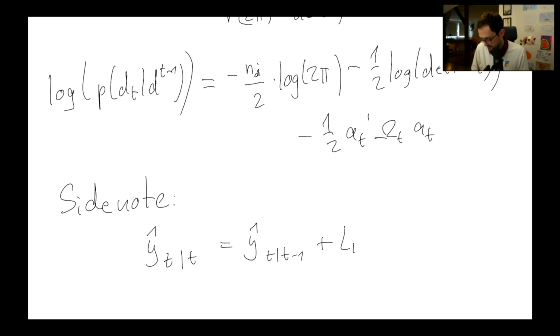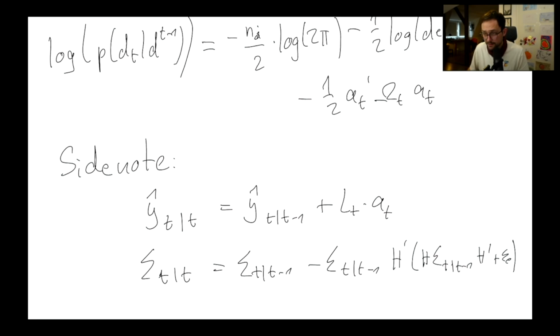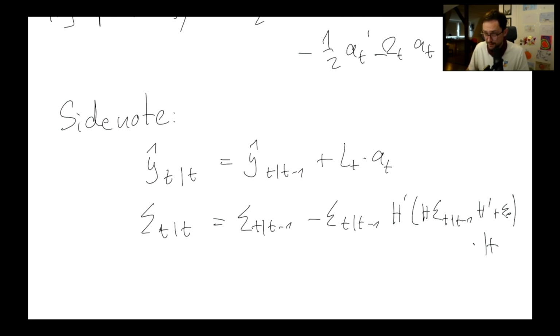It's that equation right here, and the corresponding mean squared error looks like this. So there's our omega again times H sigma_t minus 1.